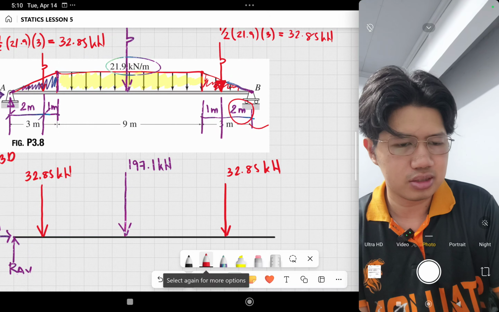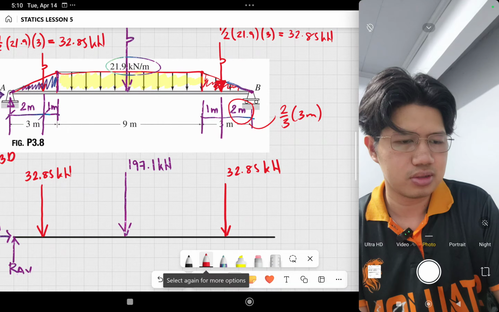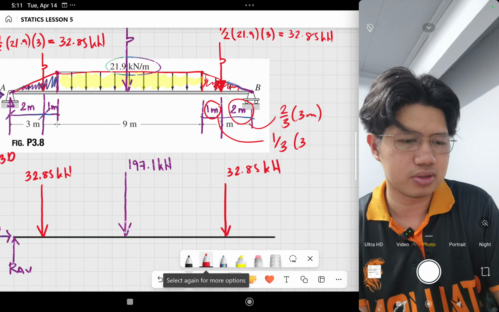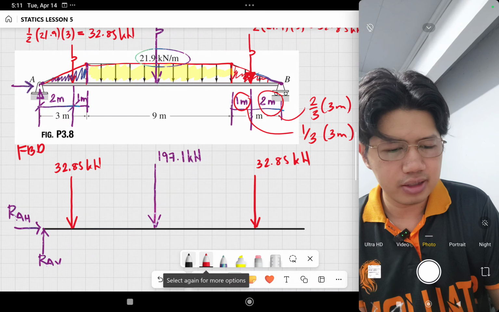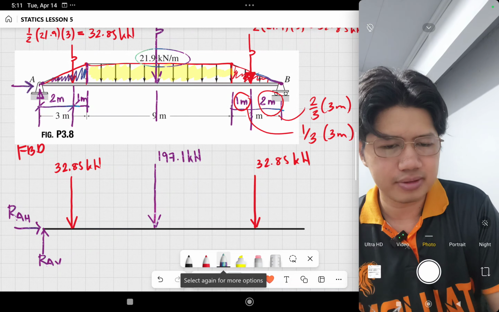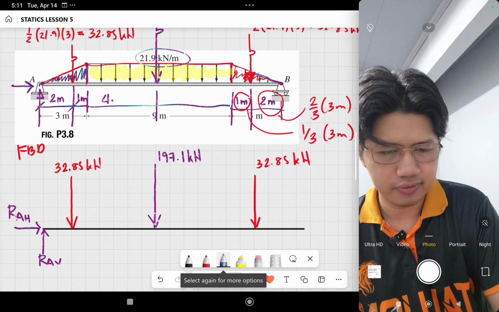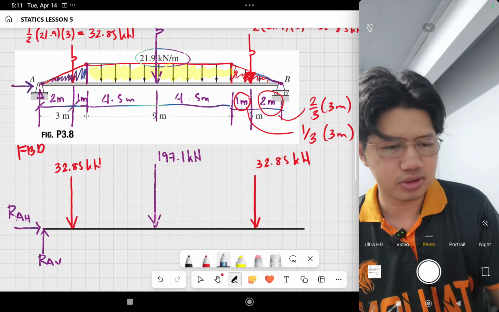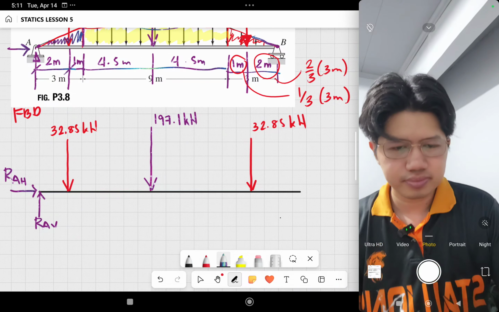So, this is 2/3 of 3 meters. This one is 1/3 of 3 meters. And then, alam natin sa rectangle, kalahati lang. So, that is 4.5 meters. So, i-transfer ko lahat yan sa ating free body diagram.